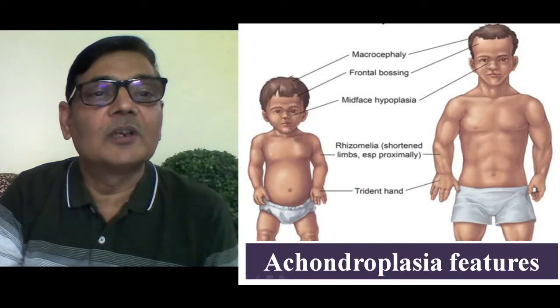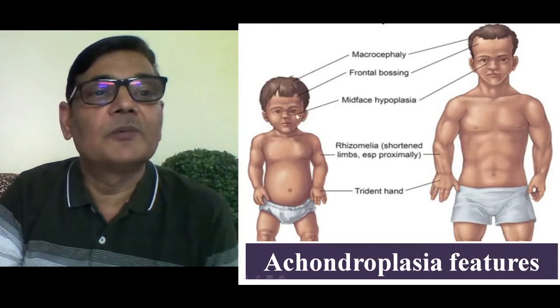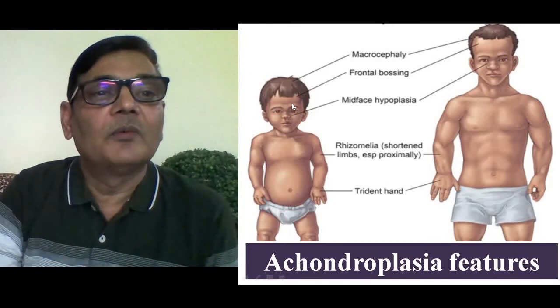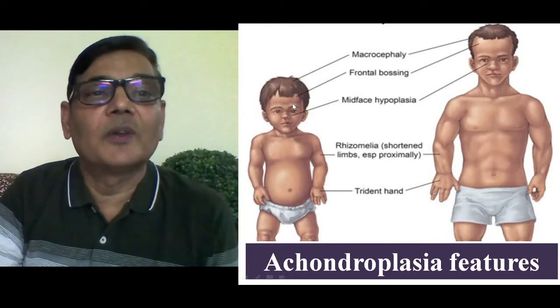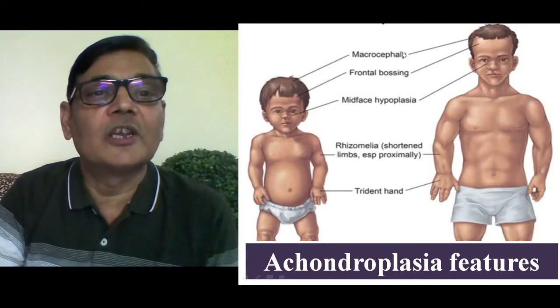In this figure, you see this individual is in childhood and the same individual is shown in the adult stage. We observe that they have a very large size of head. This is referred to as macrocephaly. Enlarged head portion is referred to as macrocephaly.